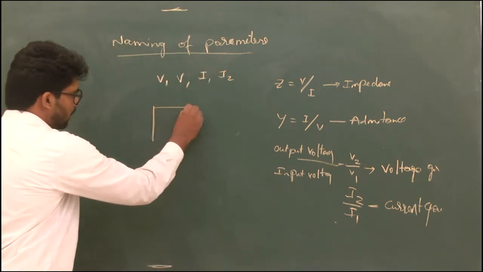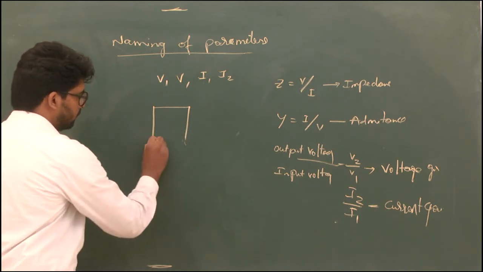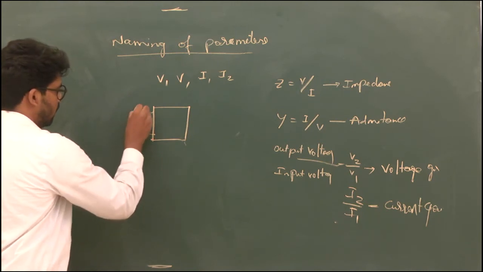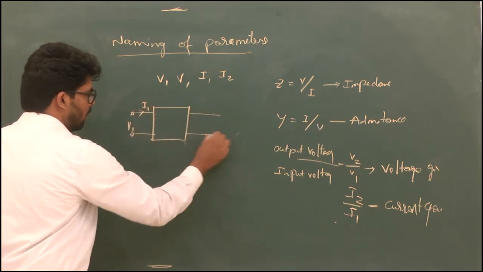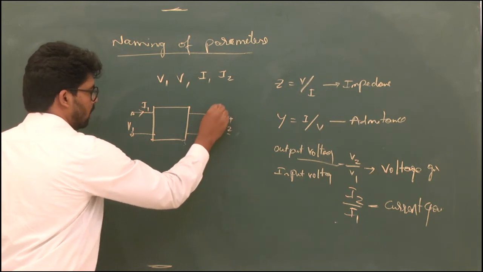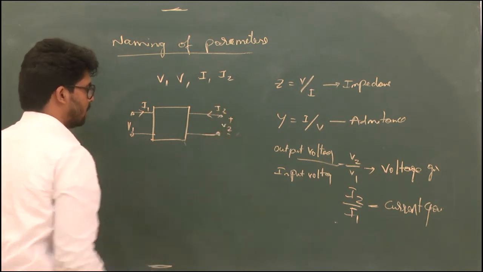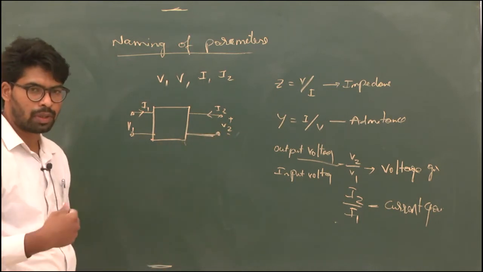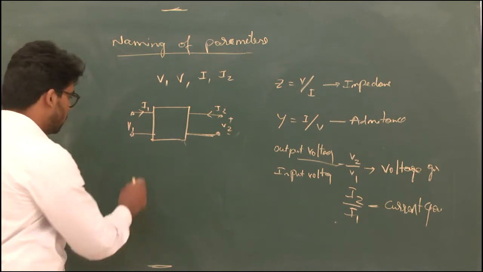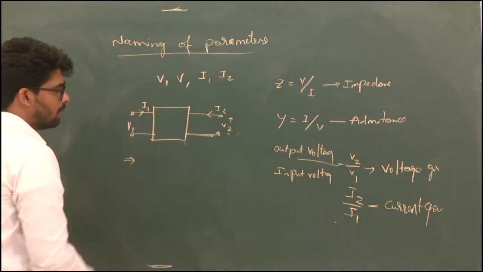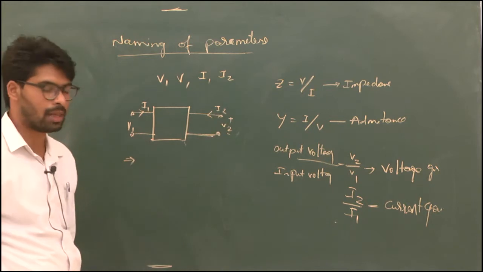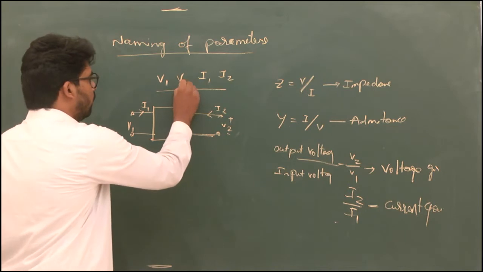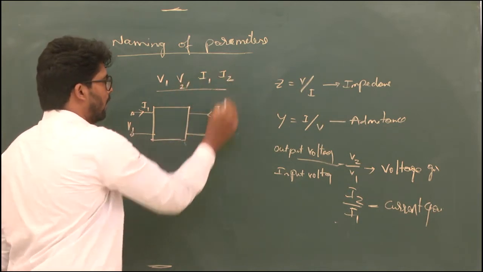So for this two-port network, this is V1, I1, and this is a standard representation. Okay. So what is the response to the input? We're giving supply and taking the response. We have four variables, V1, V2, I1 and I2.